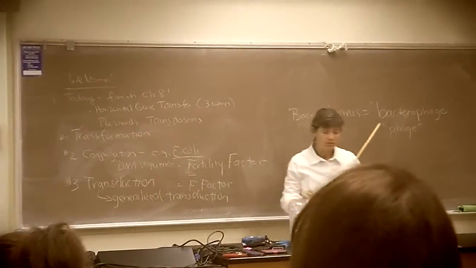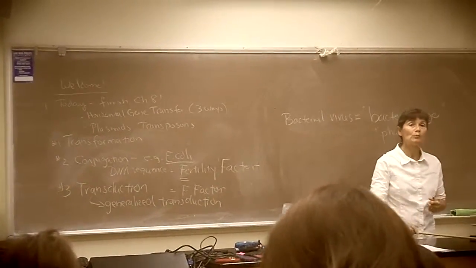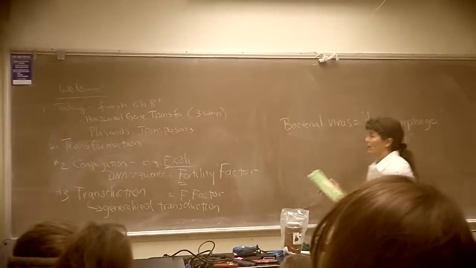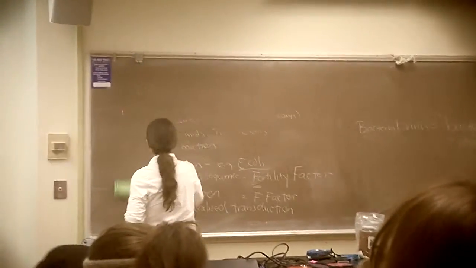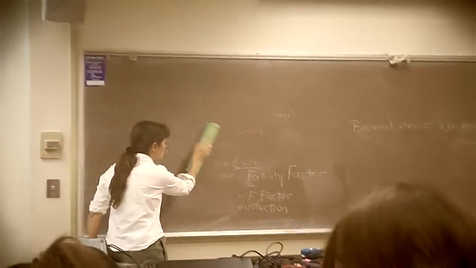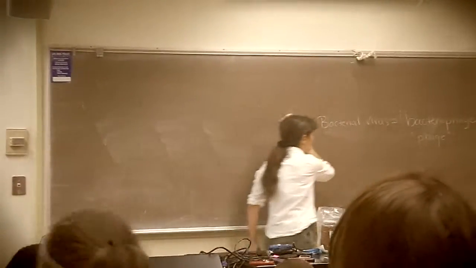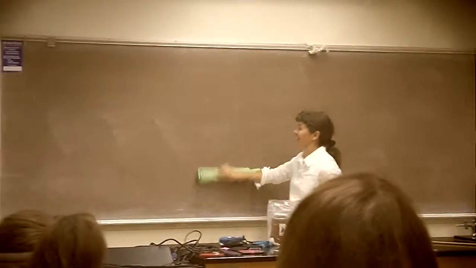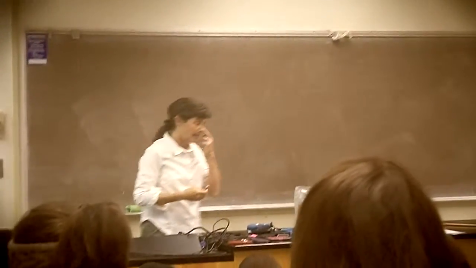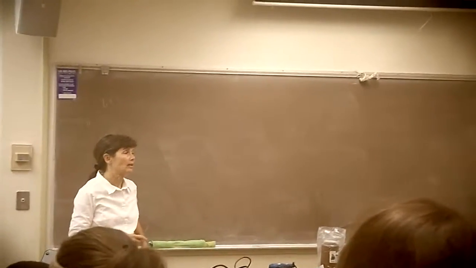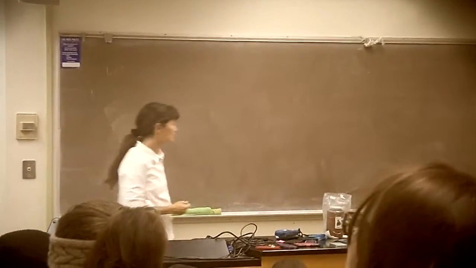Because this toxin-producing strain of E. coli is a major problem here in California, and we want to be aware what is the reservoir, how would we get infected, which people are at really high risk for possible death from this toxin-producing strain of E. coli. Okay, now you might say, why are we talking about this? Well, we're going to see that it is through transduction that this particular strain of E. coli acquired its toxin genes.